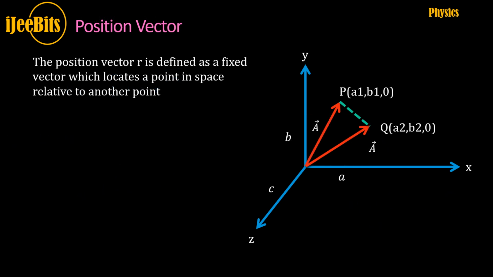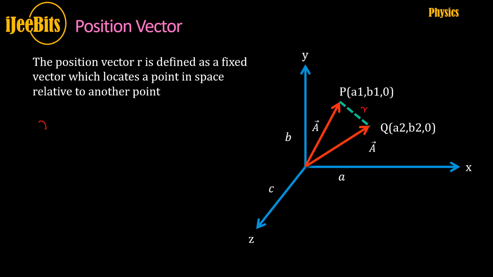Let's look at a position vector. So I have the xy plane. I have two points, point P and point Q. The position vector R, how do you represent it? R is defined as a fixed vector which locates a point in space relative to another point. This is PQ.